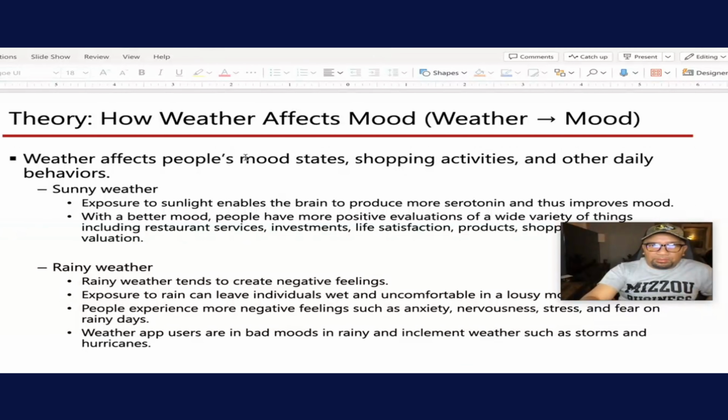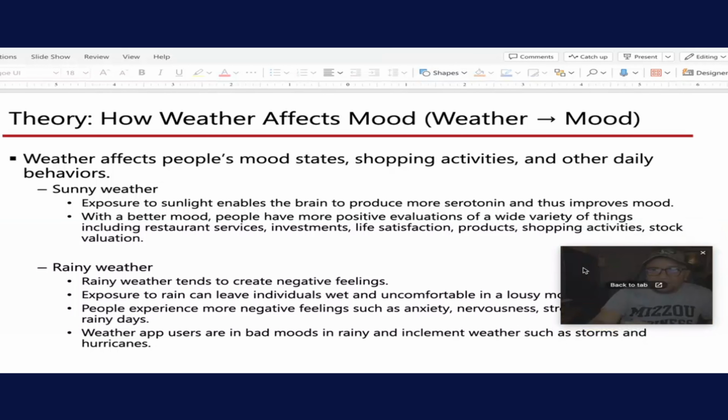So weather affects people's mood states, shopping activities, and other daily behaviors. So when the weather is rainy, then the use of certain words and phrases worked better than if it was sunny. Exposure to sunlight made people happier, in better moods, and so it was better to use certain words and phrases.